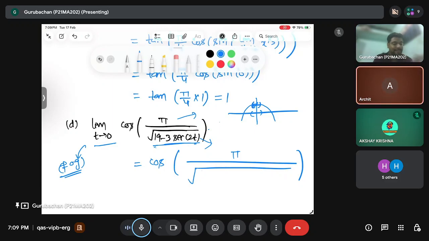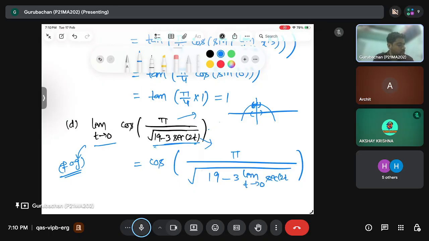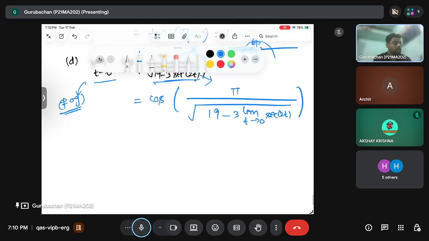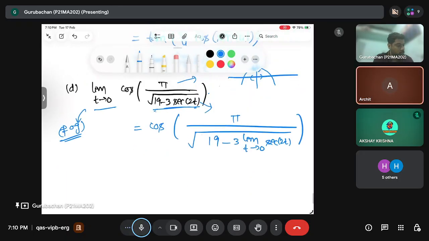Understood why it is t tends to 0? So by algebra of continuity, you can directly write like this. Any doubt? No, sir. What is secant of 0?